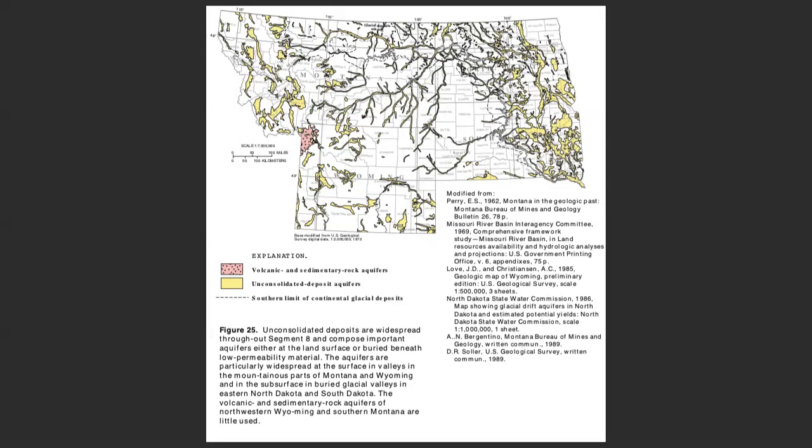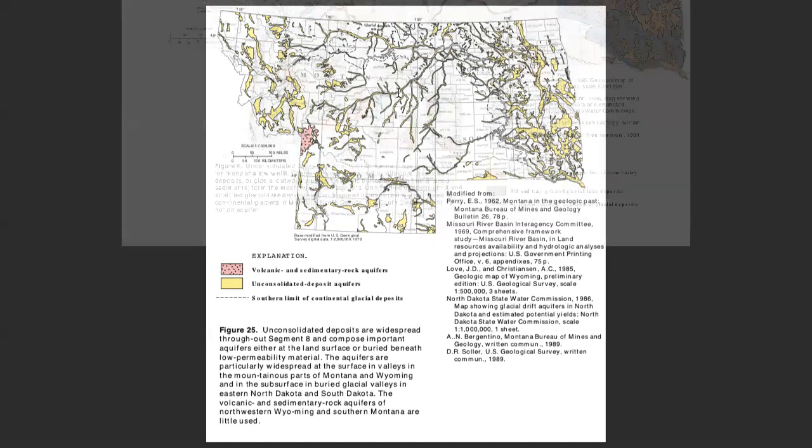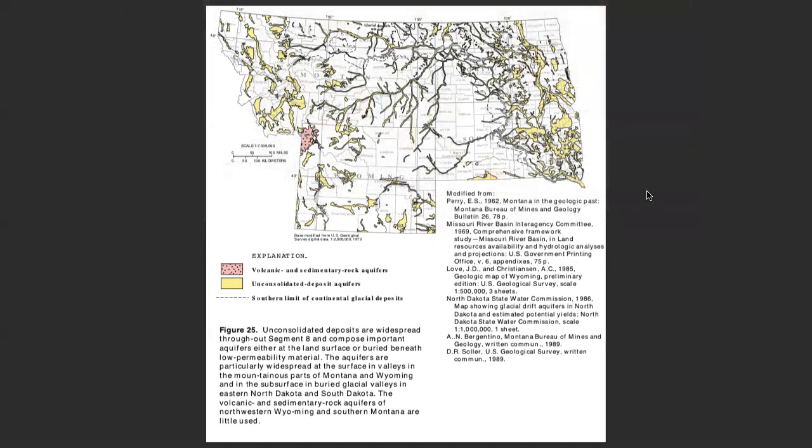You can see the Yellowstone here and the Missouri up here. So you can see every river has this alluvial aquifer with it, and they basically follow the natural river network.